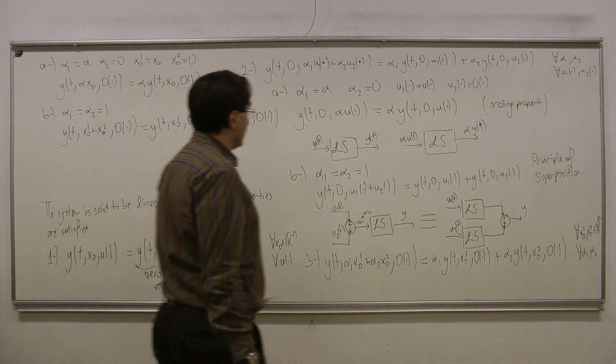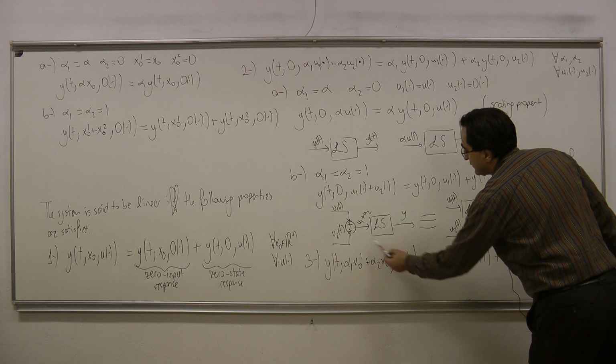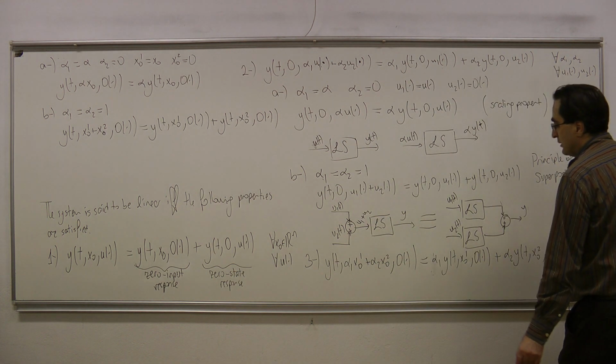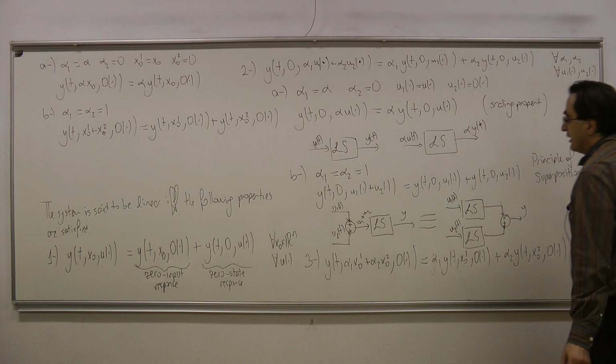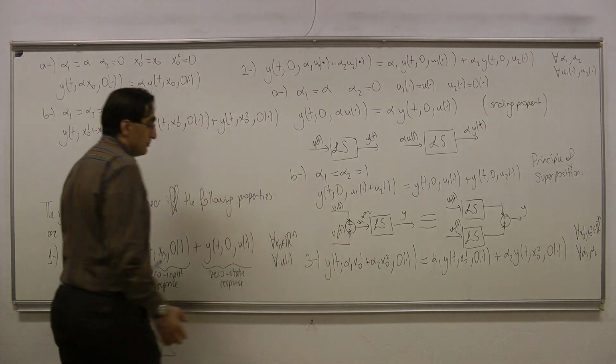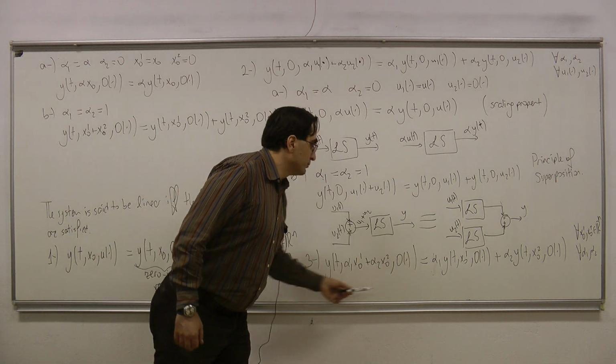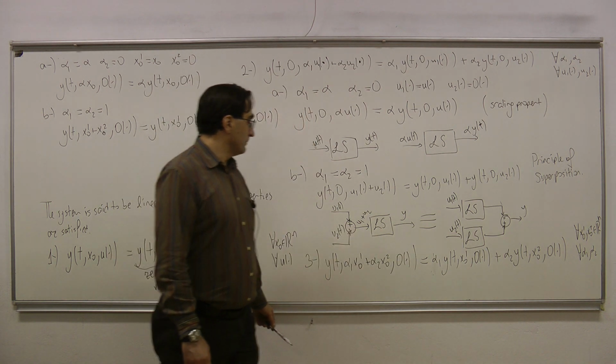Similarly, the final one is the linearity of the system with respect to its initial conditions. Of course, in this case, this is the linearity of zero input response, because in all of the outputs here, you have zero input.